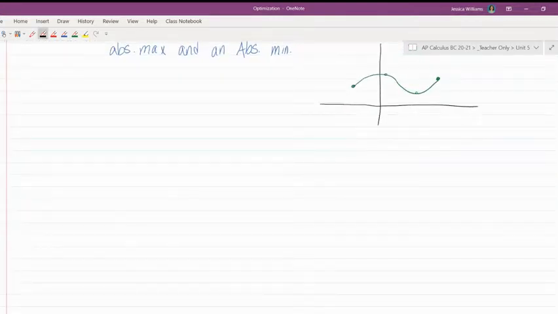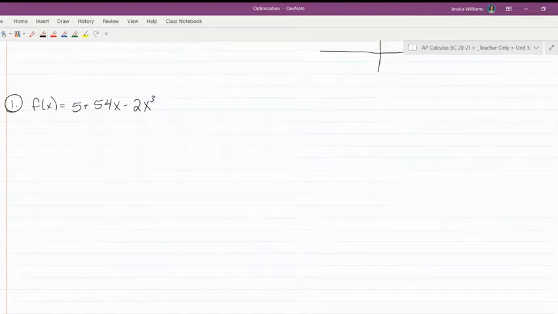So we're going to do 2 questions. Here's your first function. Let's go find the absolute max on the interval from 0 to 4.